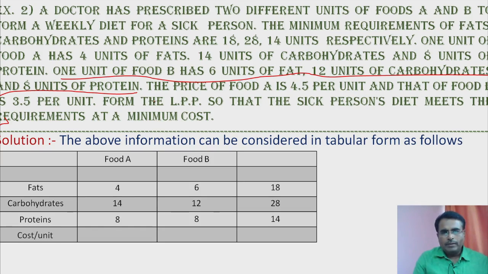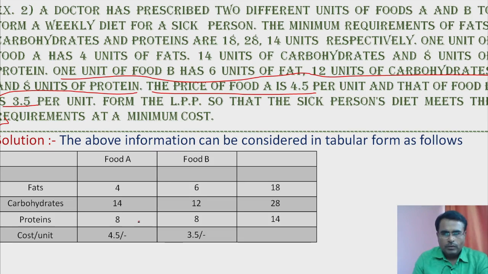Further, it is given that the price of food A is rupees 4.5 per unit and that of B is rupees 3.5. That is also considered: cost per unit rupees 4.5 for product A and rupees 3.5 for product B. Now this is the tabular form information.